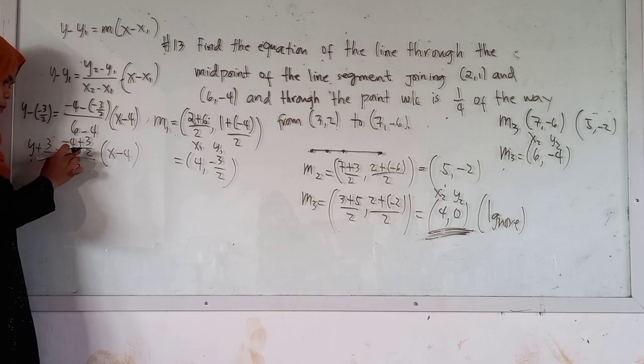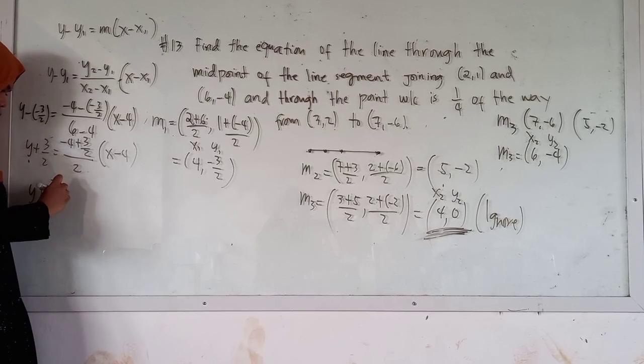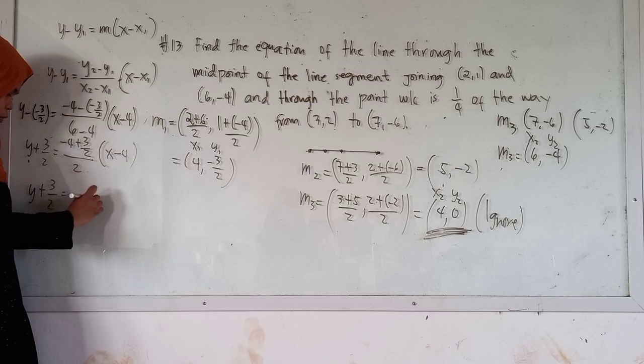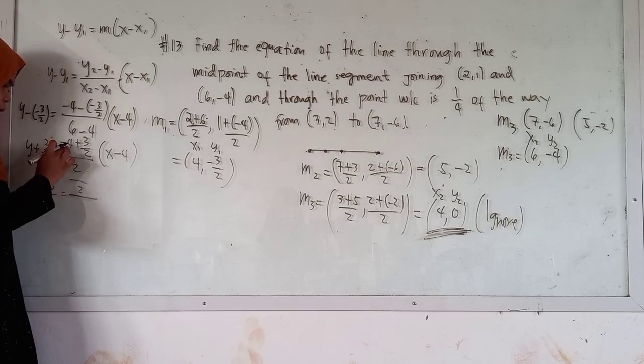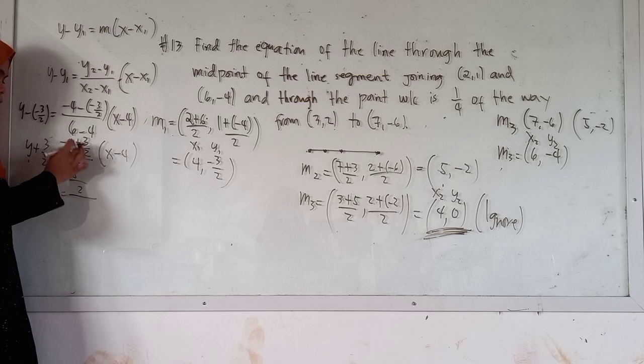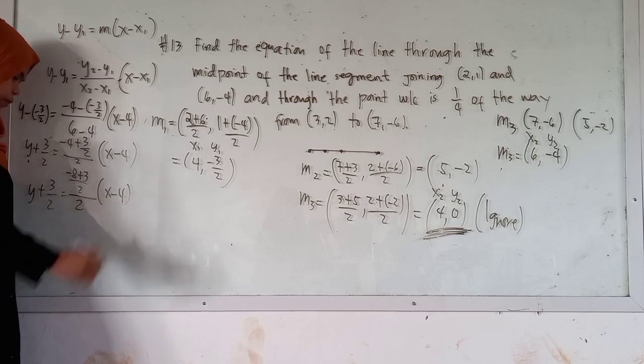So I still have to simplify this one. That is y plus 3 over 2. What is the LCD of this one? I have 2, no? So 2 divided by 1, that is 2, times negative 4, that is negative 8. 2 divided by 2 is 1 times 3, that is positive 3 over 2, and then x minus 4.